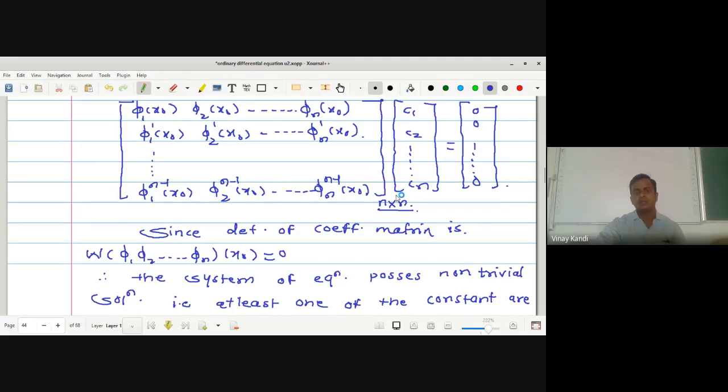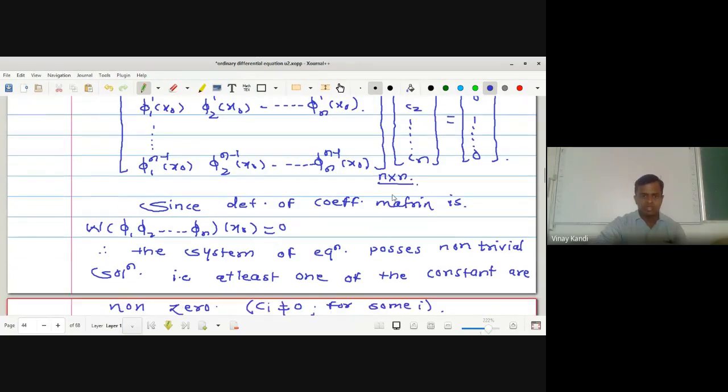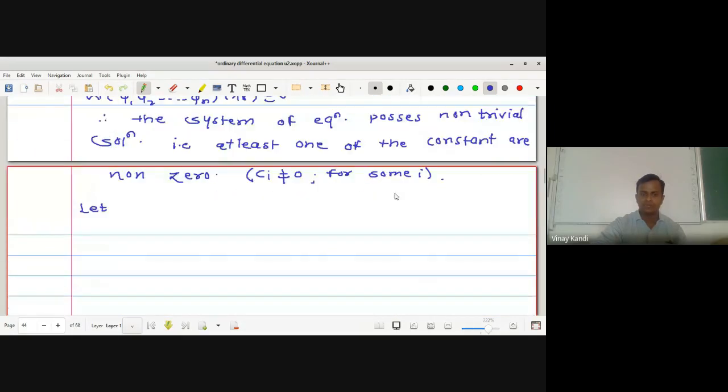Then we say that the functions phi 1, phi 2 are dependent. Okay, we have not proved that yet. Okay, for this let c1, c2 up to cn be such a solution.